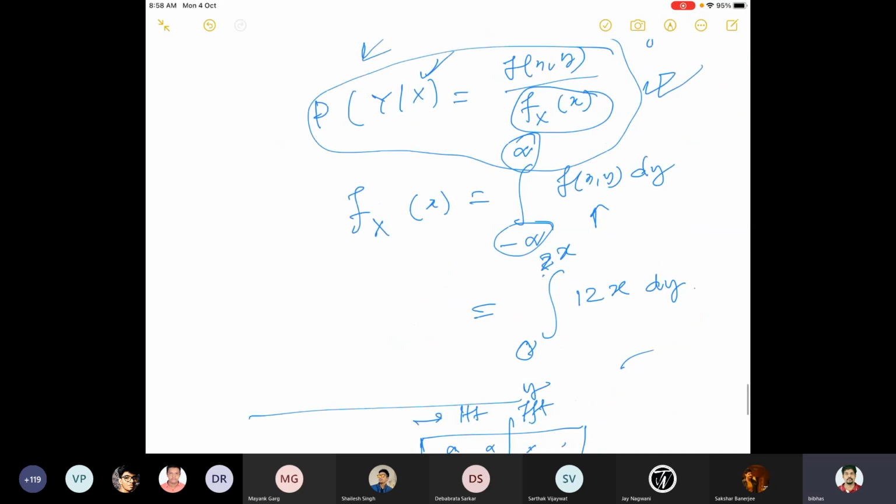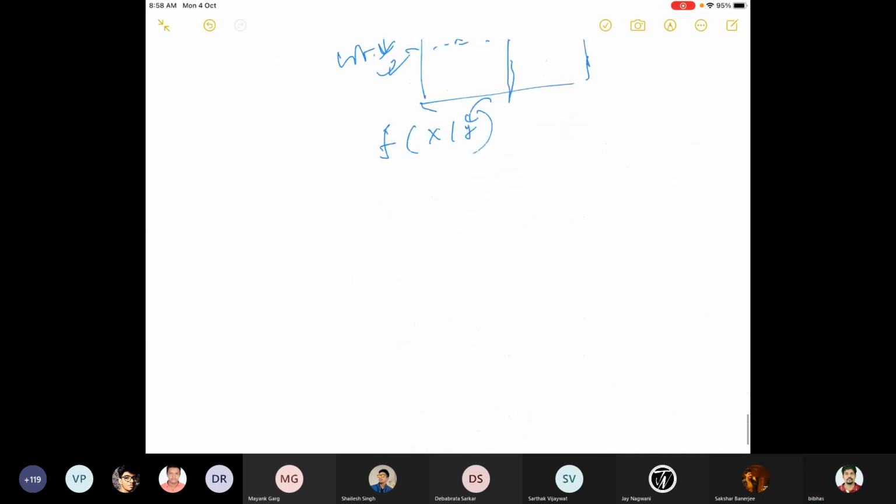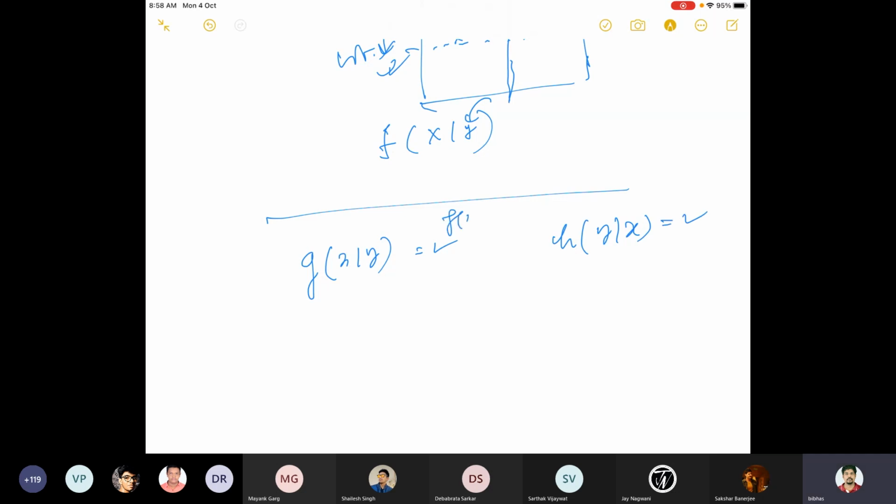Okay. So we define two functions, g(x given y) and h(y given x). We know this: this is f(x,y) divided by f_Y(y), and this is f(x,y) divided by f_X(x).